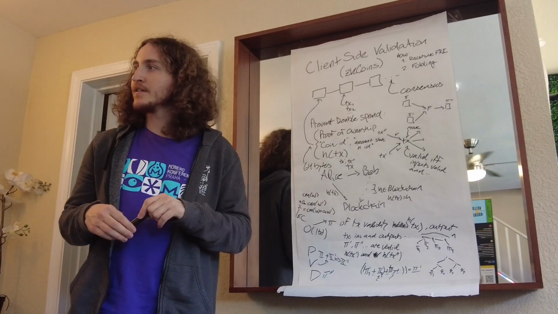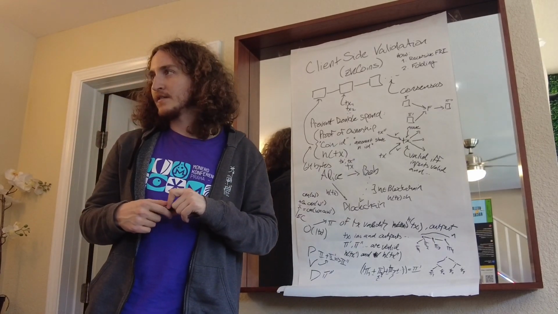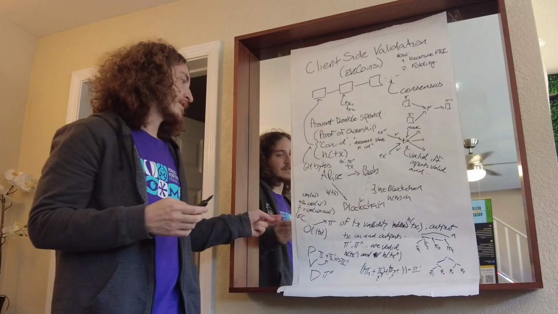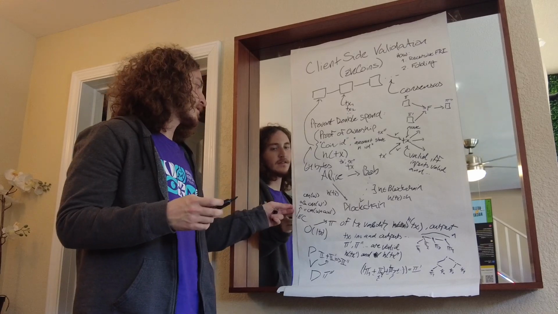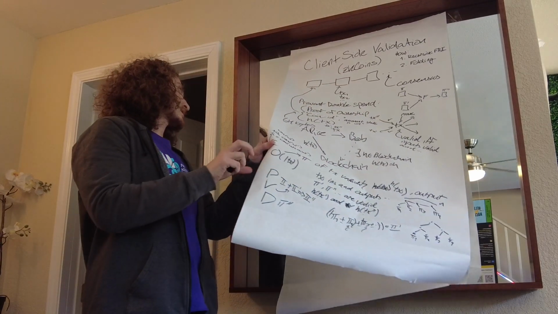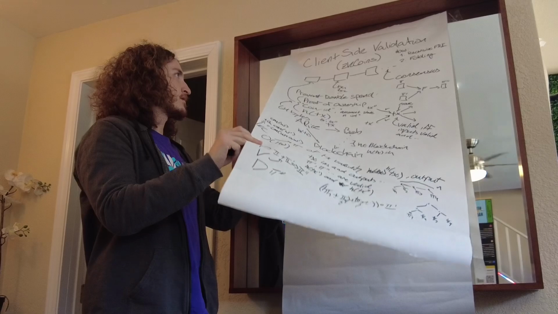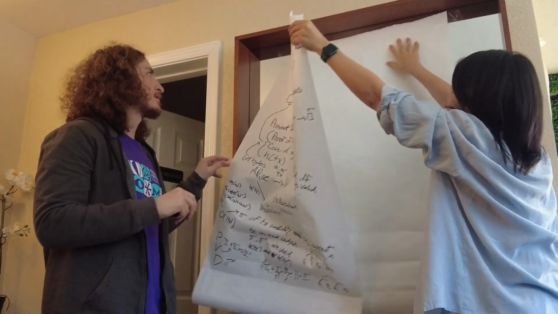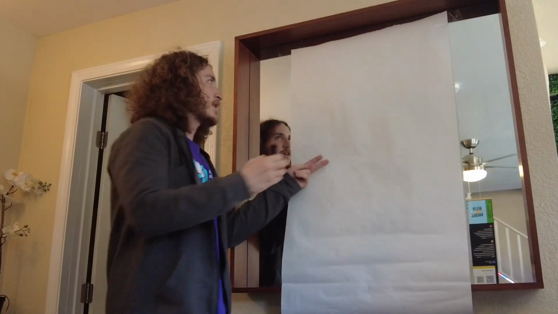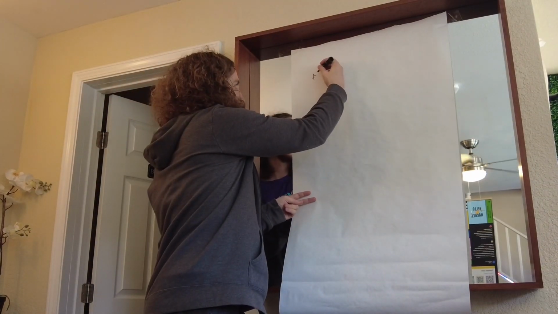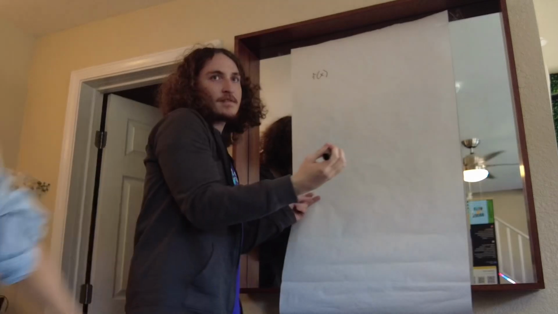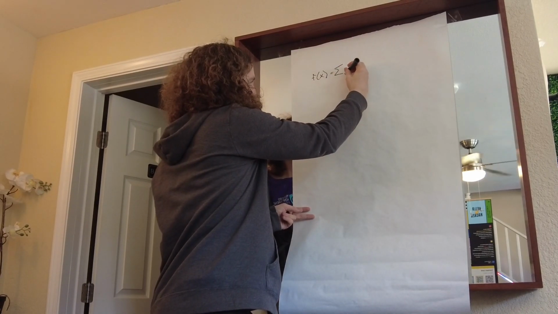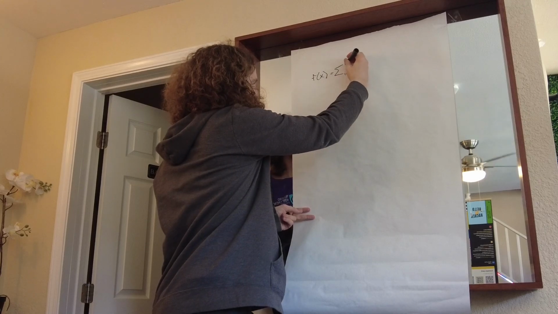In FRI, you have a polynomial f of x, and it's supposed to be of degree k.